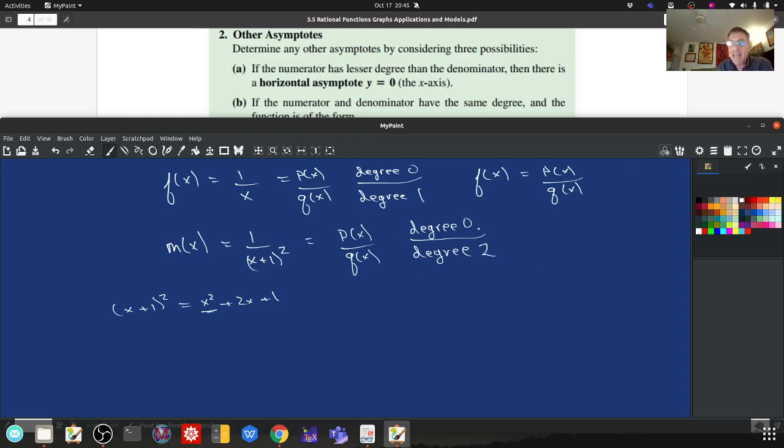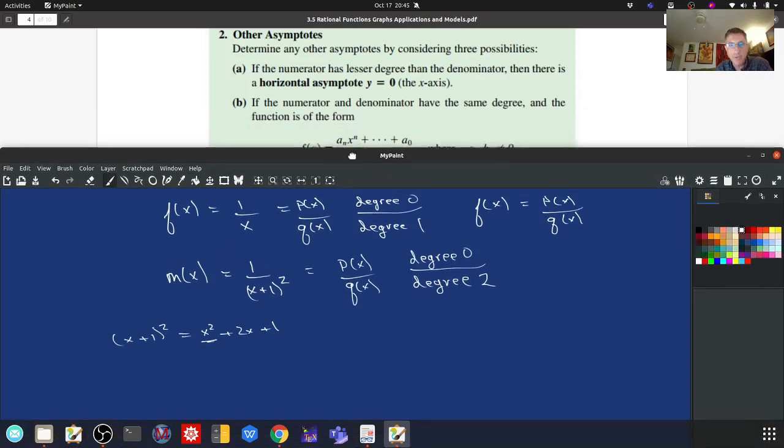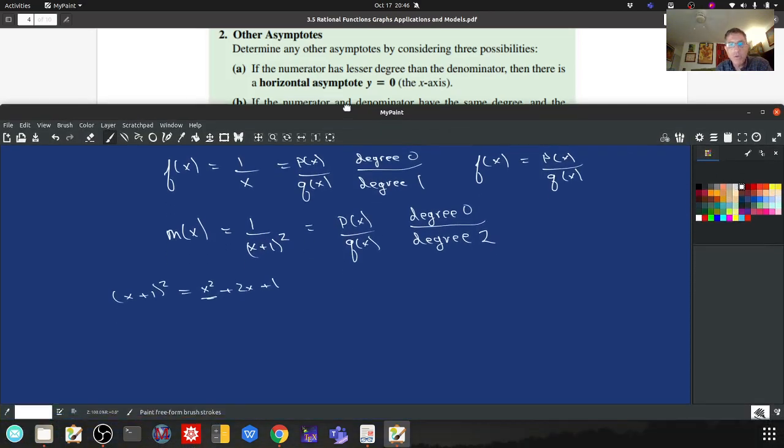We do know in this particular case that the degree 0 is less than 2, because if the numerator has lesser degree than the denominator, then there is a horizontal asymptote.